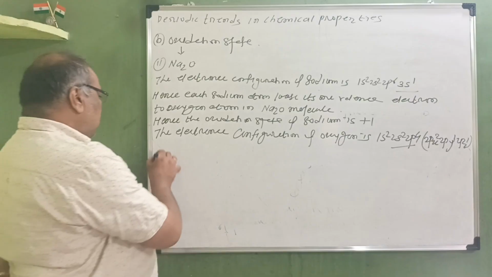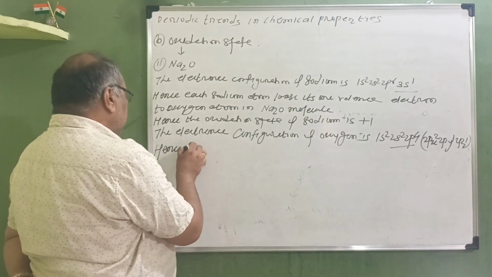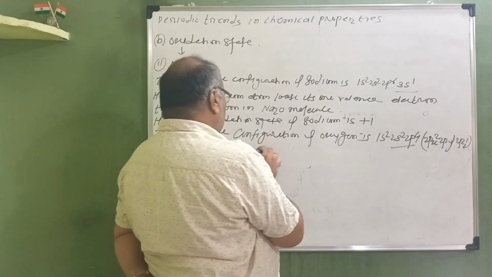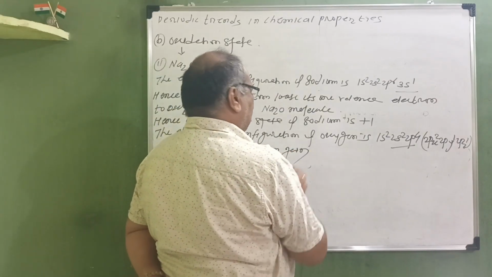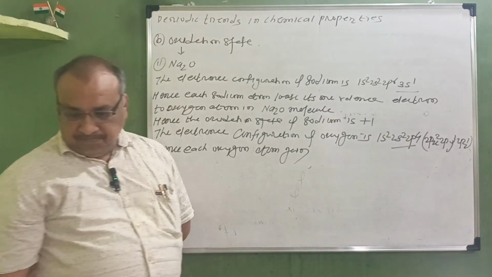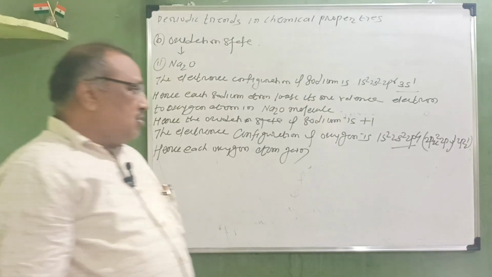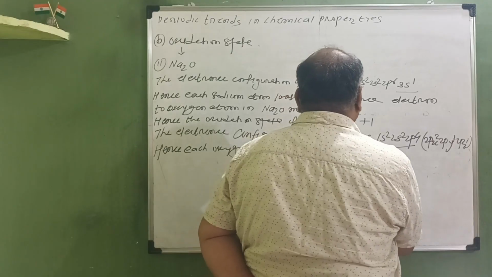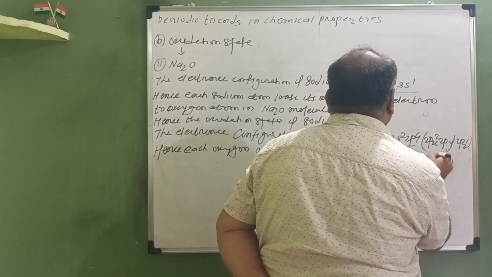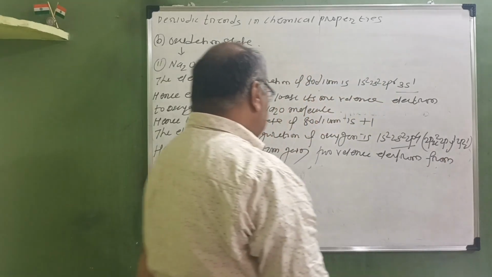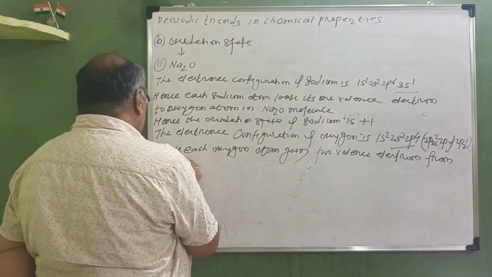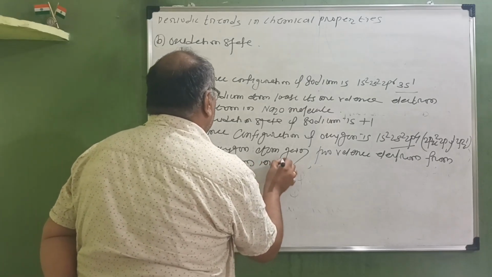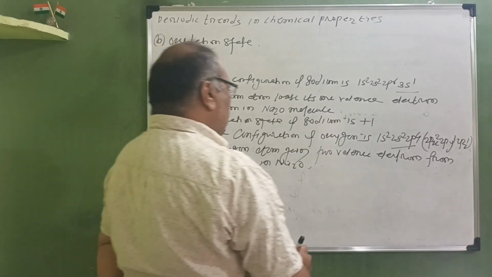Hence each oxygen atom gains 2 valence electrons from 2 sodium atoms in the Na2O molecule.